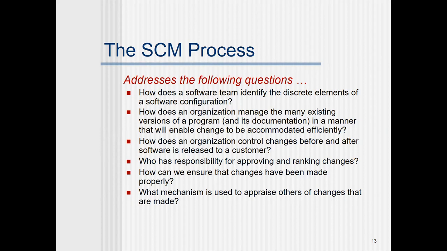Even documentation is also going to undergo a change. While you are making the change, you should not take up only the functionality aspect. You have to look at the documentation also, because it has to be properly updated. Am I clear? How does an organization control changes before and after software is released to a customer? There are changes which might happen to the product before the release also. Okay, because you are taking a good amount of time, meantime the system has undergone many changes. The person has started his own branch over there.